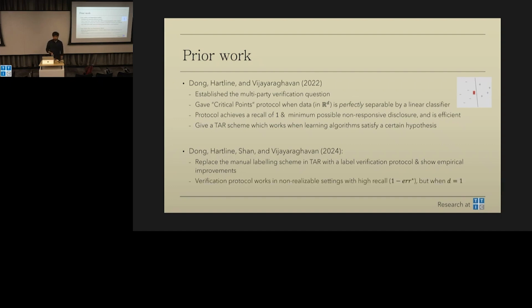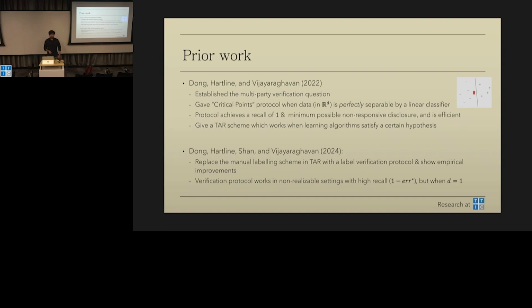For the verification protocol, they made it work in non-realizable settings, whereas the earlier protocols only worked in realizable settings. But it only worked when the data was one-dimensional, and it got a high recall. The recall was just shy of 1 by the error of the best classifier.